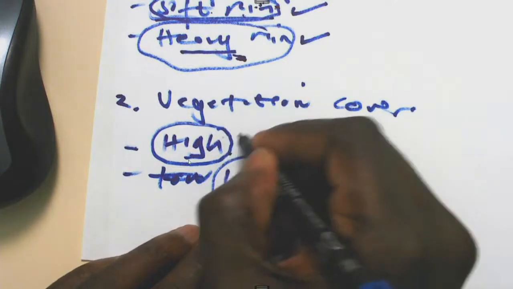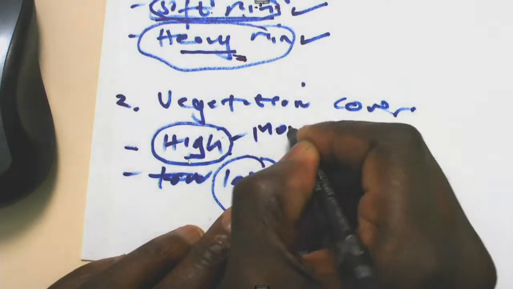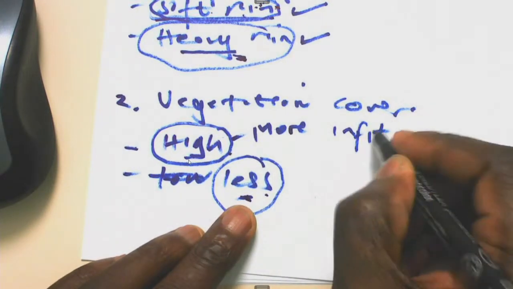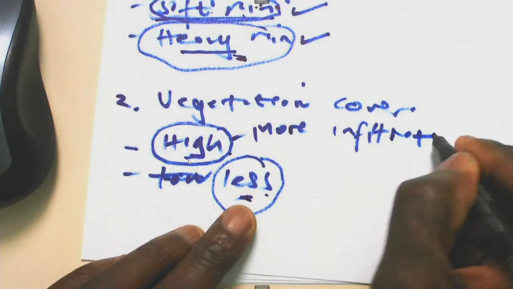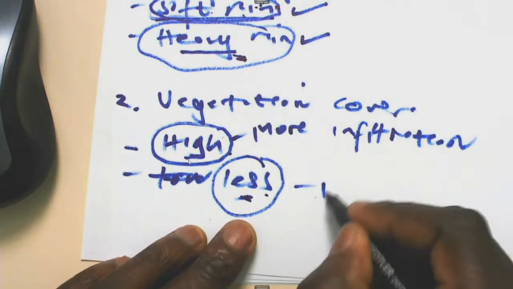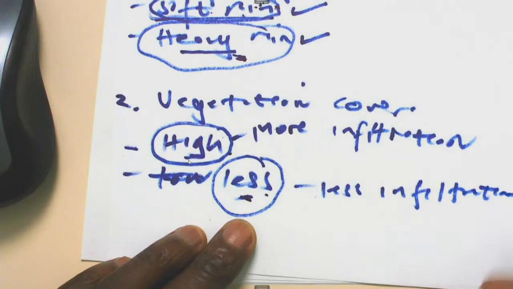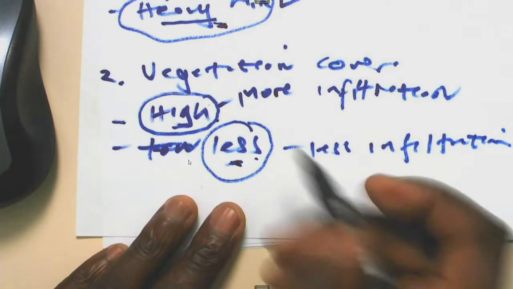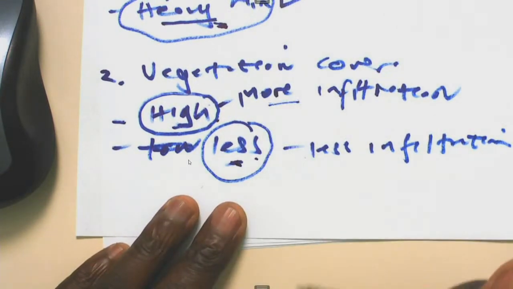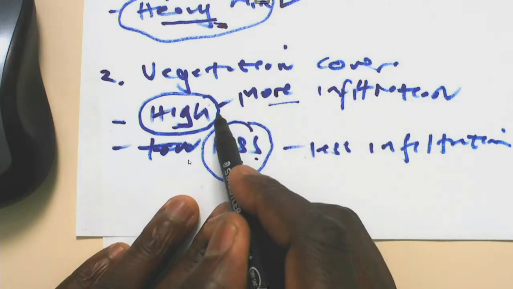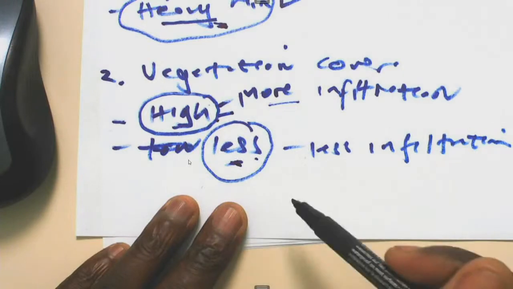So over here there will be more infiltration, and over here there will be less infiltration. If we're having more infiltration, then there will be less surface runoff over here.